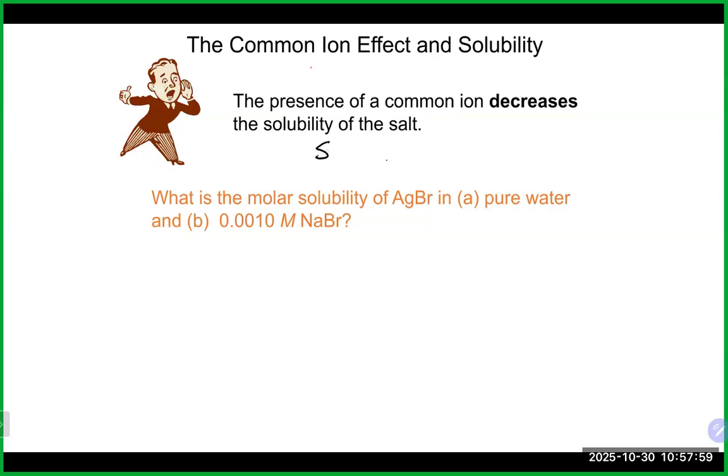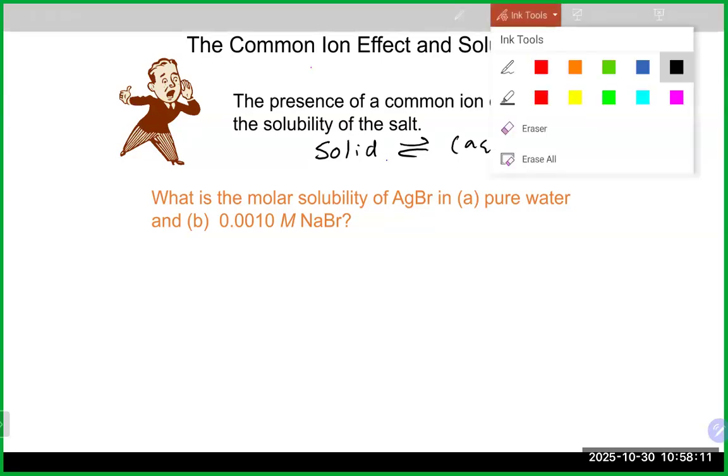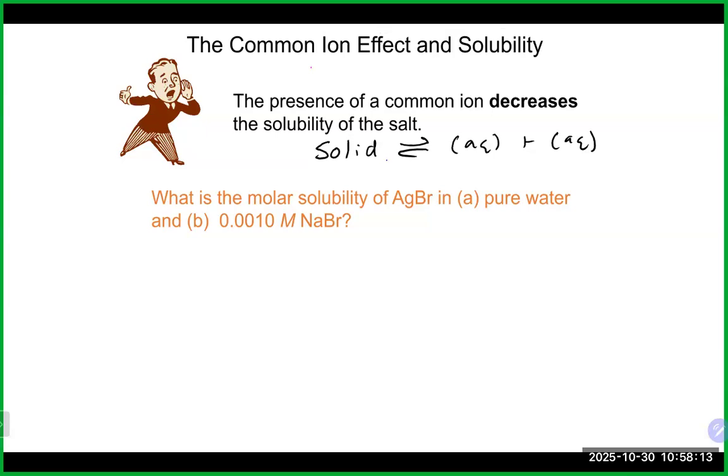If you think about how these KSP reactions are written, we have solid on one side, and on the other side we have aqueous ions. So obviously, the only place you could have a common ion is the product side.